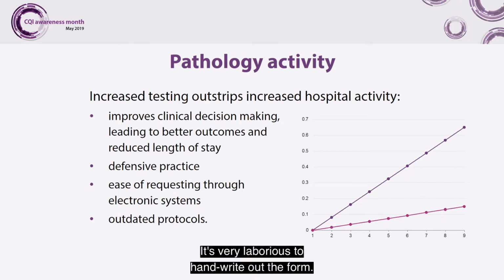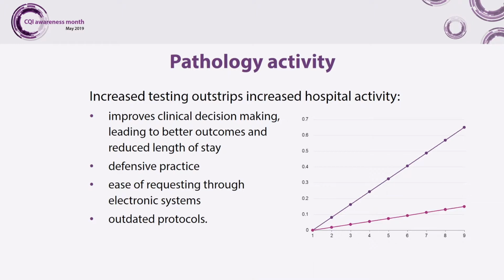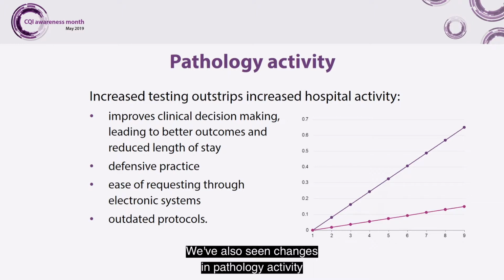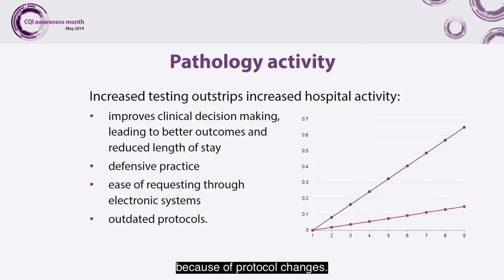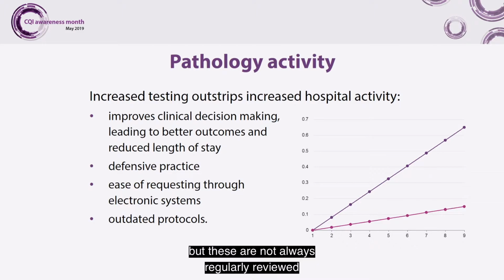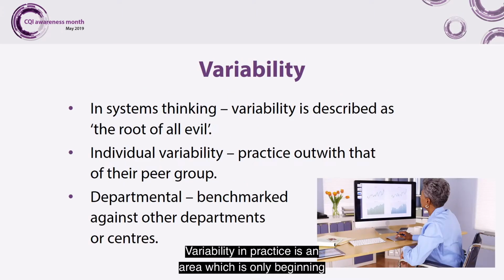It's very laborious to handwrite out the form. We've also seen changes in pathology activity because of protocol changes. Many patients are managed on protocols, but these are not always regularly reviewed or updated and may not reflect continuing best practice.